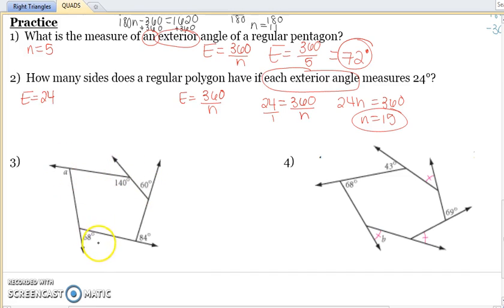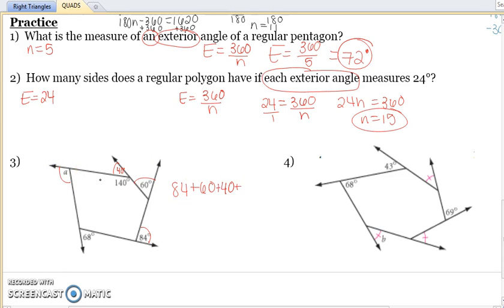We know all these exterior angles have to add to 360. So I'm literally going to be taking each of these angles, adding them together. Oh, we don't know that one. How can we figure it out? These two angles, interior and exterior, form a straight line. So they must add to 180 degrees. That's how I know it's 40.